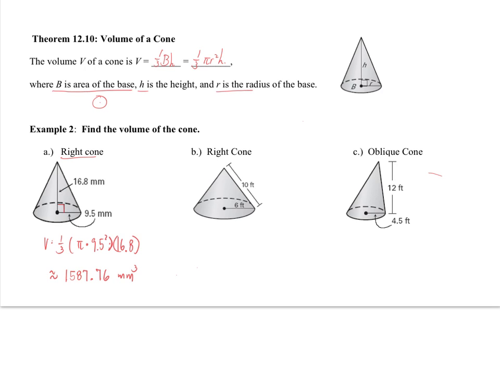Now let's look at another right cone. You're given a radius of 6, a slant height of 10. So this is a Pythagorean triple, 6, 8, 10. So the volume will be equal to 1/3 pi r squared, which is just 6 squared, so 36, times the height of 8.